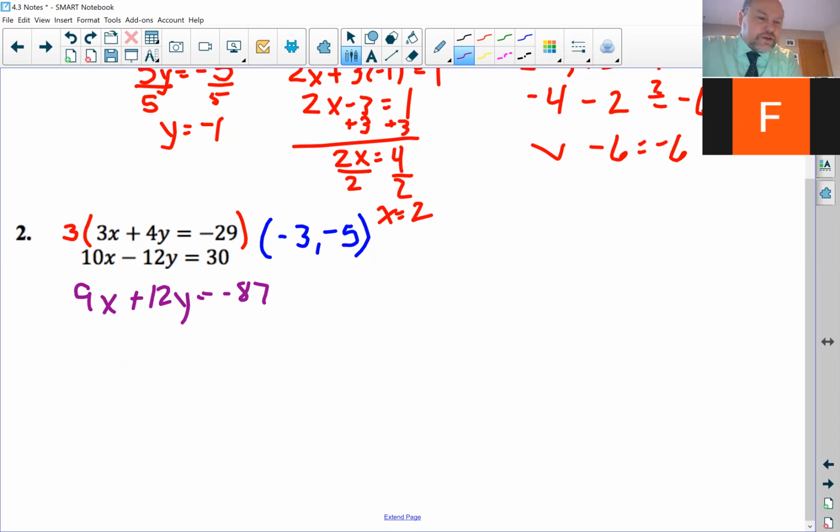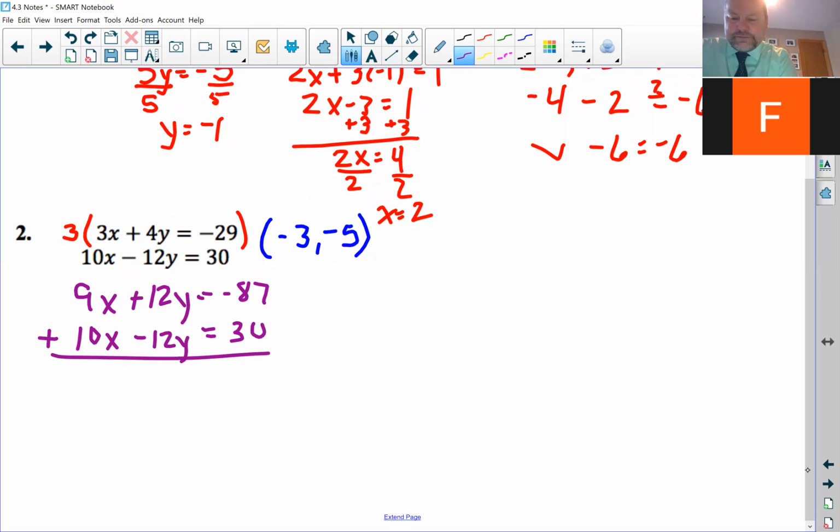The second equation just stays exactly the same. And now we add. 9x plus 10x is 19x. 12y minus 12y, they are eliminated. That's 0. Negative 87 plus 30 is negative 57.